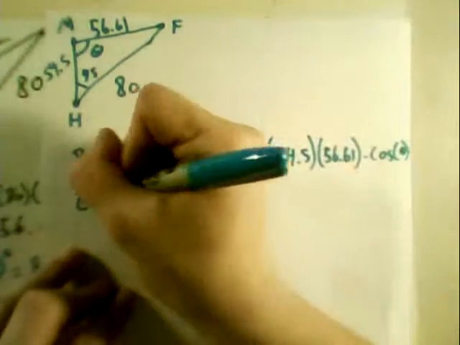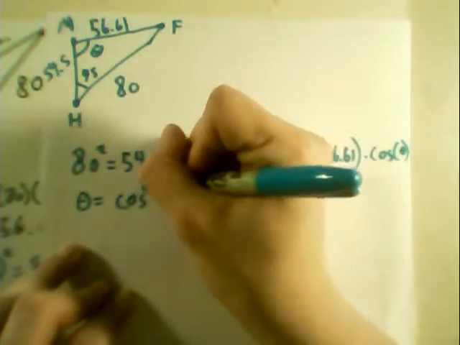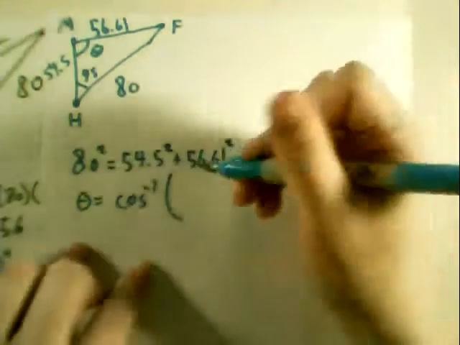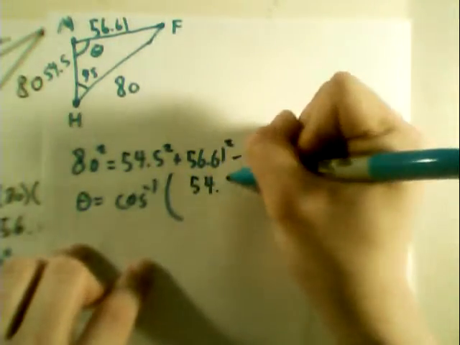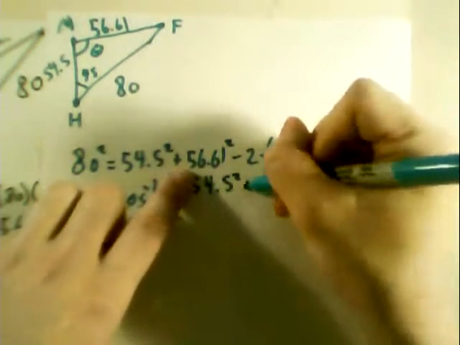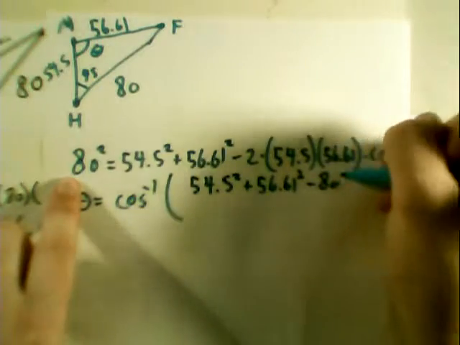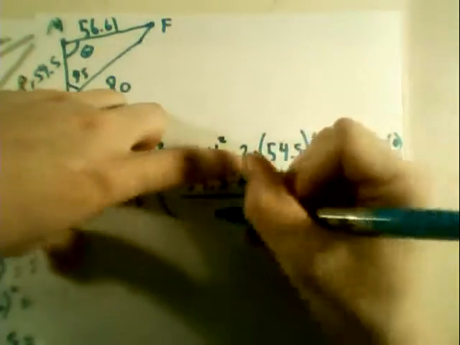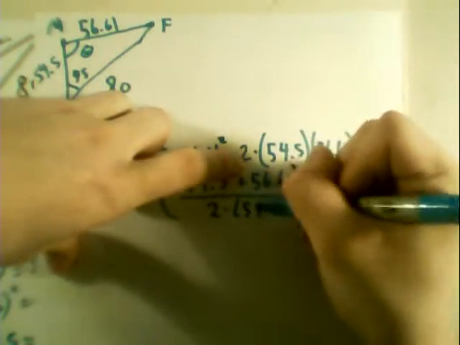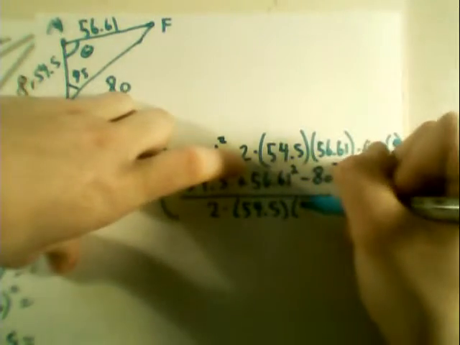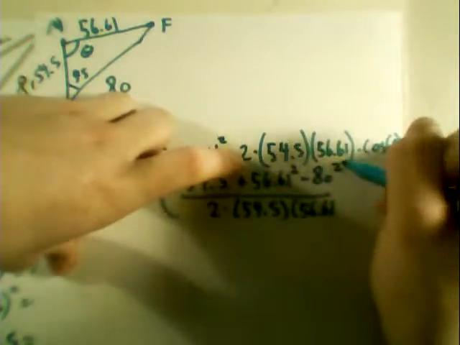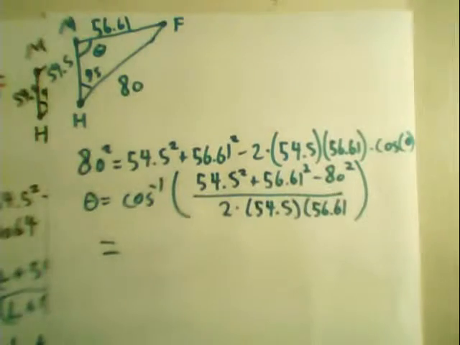So, of course, I'm going to write this really funky because I know that this is what it will look like in the end. This right here minus this divided by this. And that equals, let me type it in the calculator.